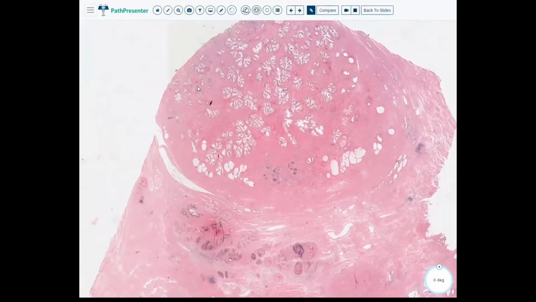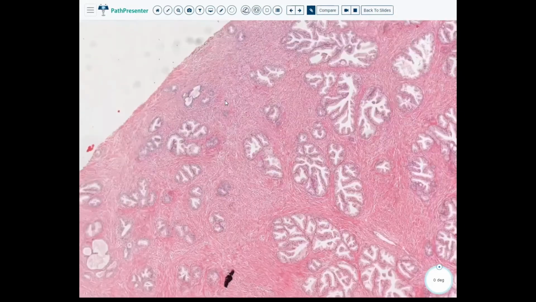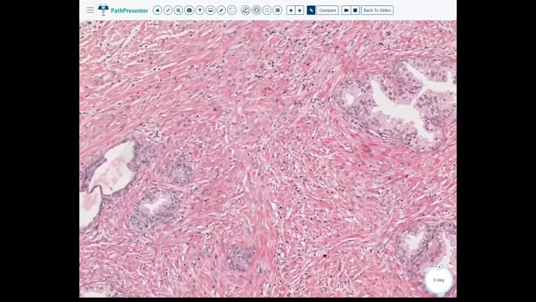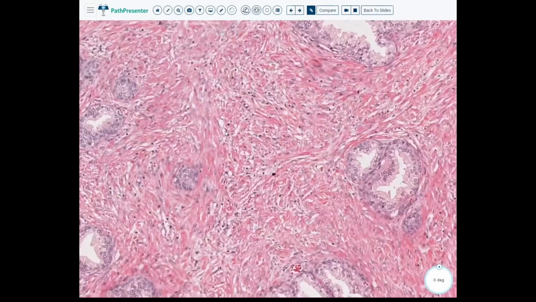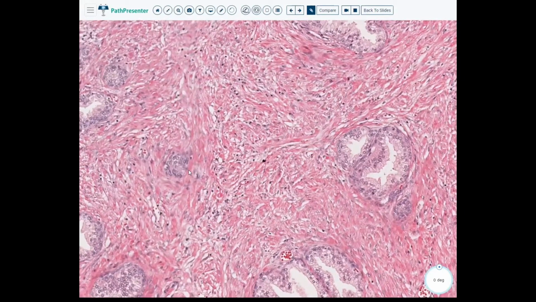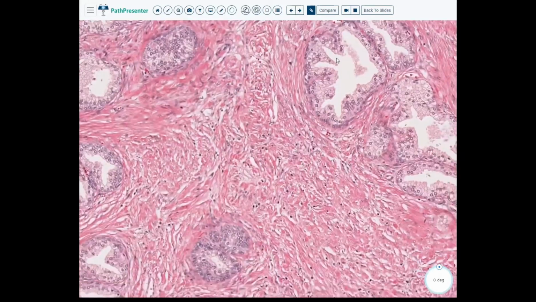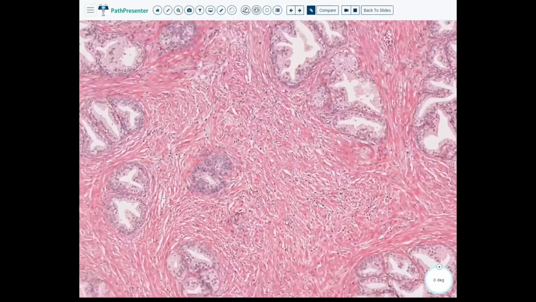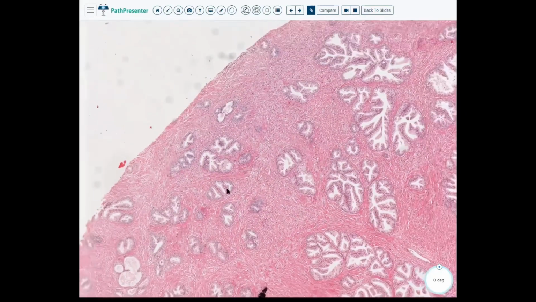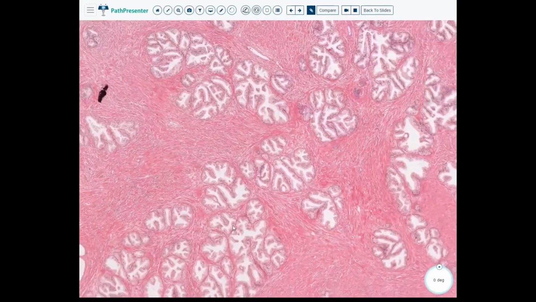So this is really our lesion, again, extremely well circumscribed. We have this dense, quite cellular actually, stroma that looks maybe slightly fibrotic with more of this pink collagen in there. And there is some complexity to some of these glands. And it just looks like maybe there's more glands than we would expect.